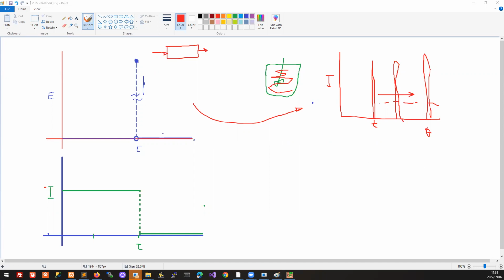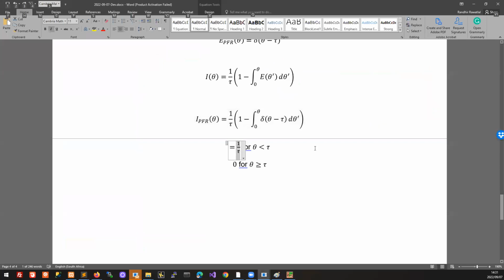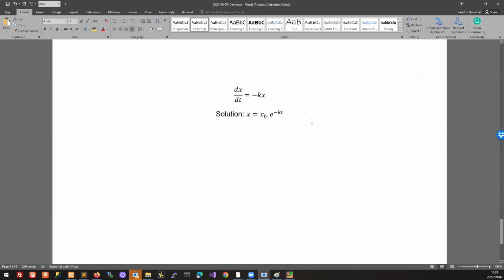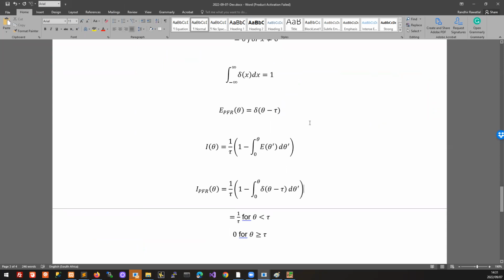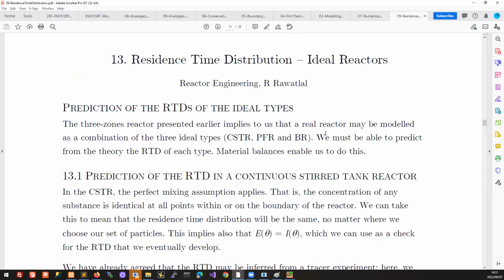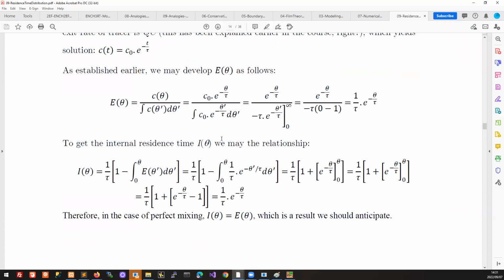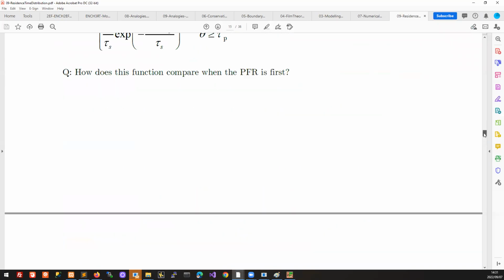Okay. So those are the ideal types. And then we can start thinking about more interesting cases. One other thing we can do is calculate the mean residence time.